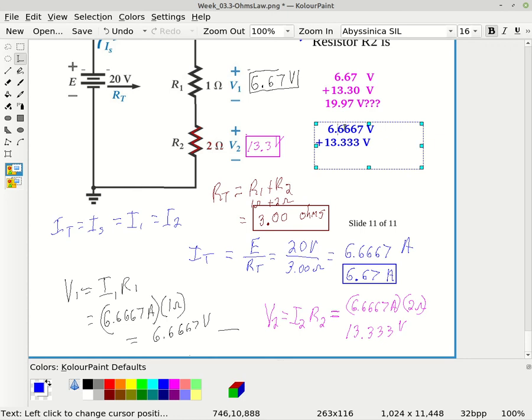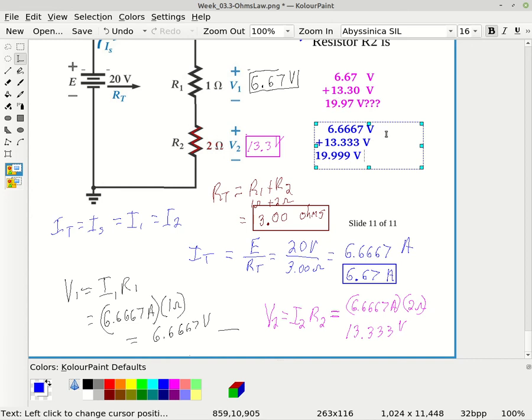Notice here this 7, we're still kind of ignoring that, but now we've got 19.999 volts, which is closer than 19.99.